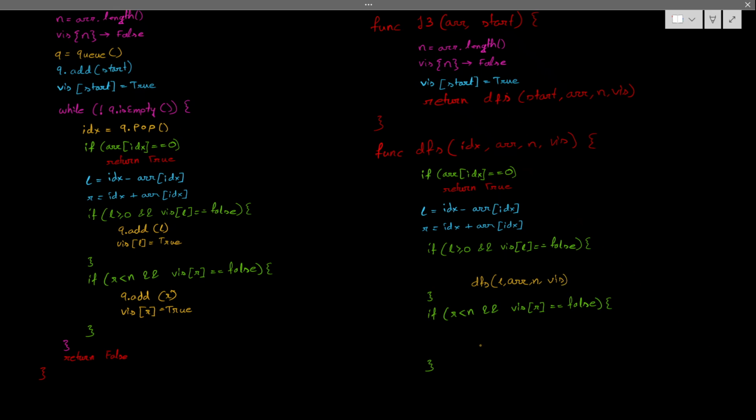And here also DFS of R, ARR, n, and the visited array. Correct. So here two cases are there.